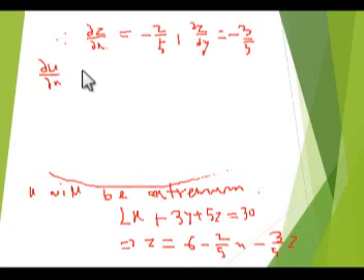So u is given as x square plus y square plus z square. So with respect to x, now x and z both are variables of x. So this will be 2x, and y is constant, so it will be 0, and z will be 2z del z by del x.